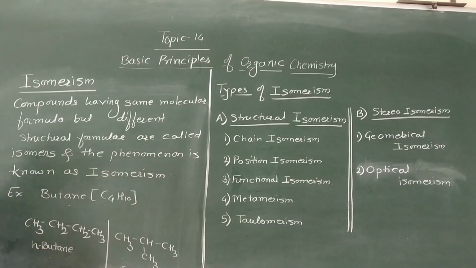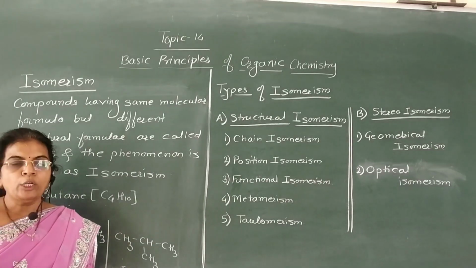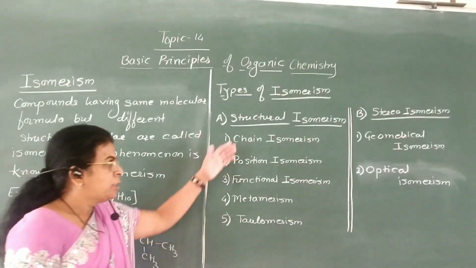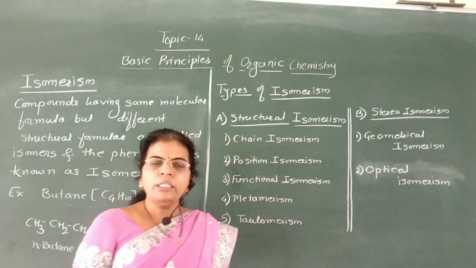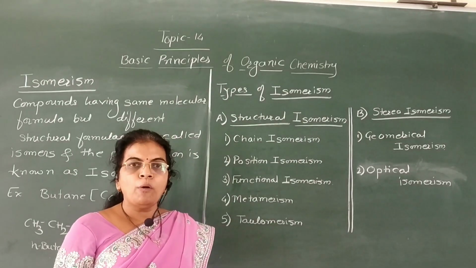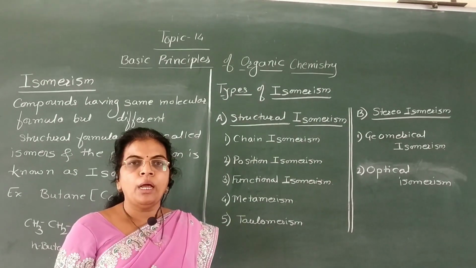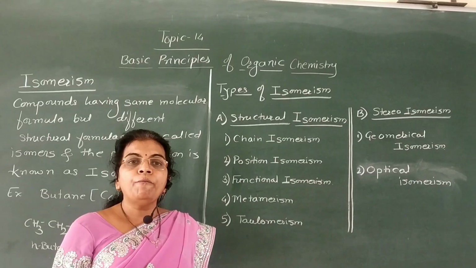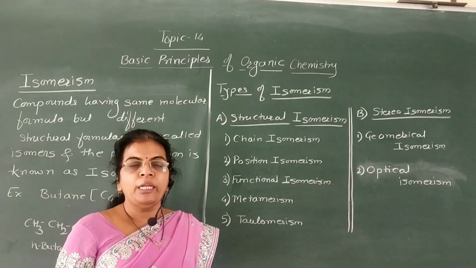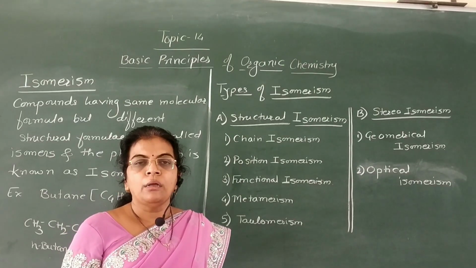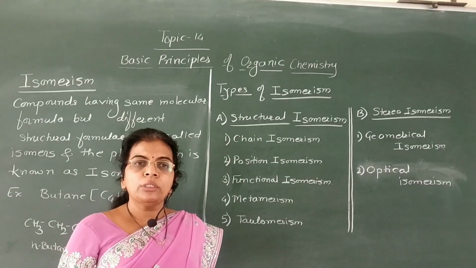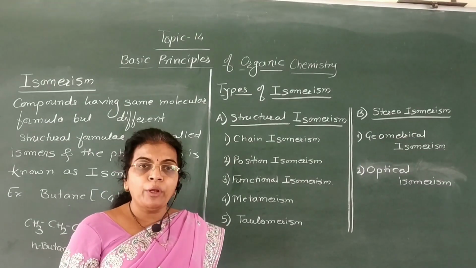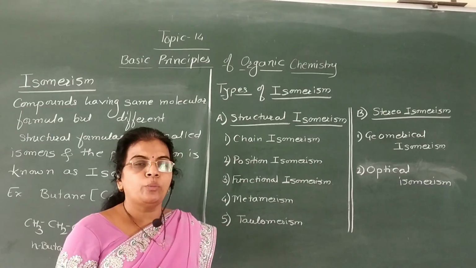Now there are two types of isomerism. First is structural isomerism and second is stereoisomerism. In structural isomerism, compounds having the same molecular formula have different structural formulae or different structural representation. These compounds are called isomers of each other, and this phenomenon is known as structural isomerism.